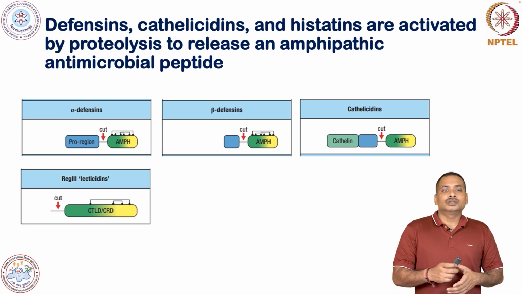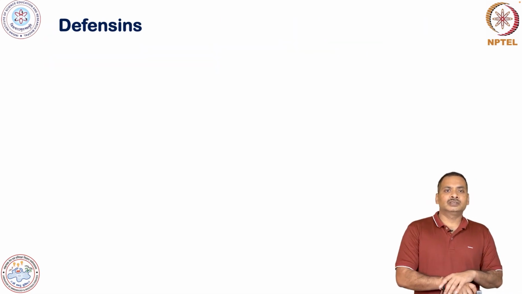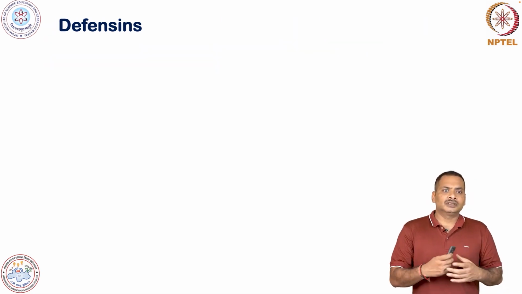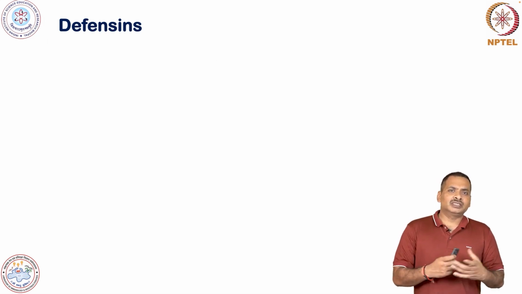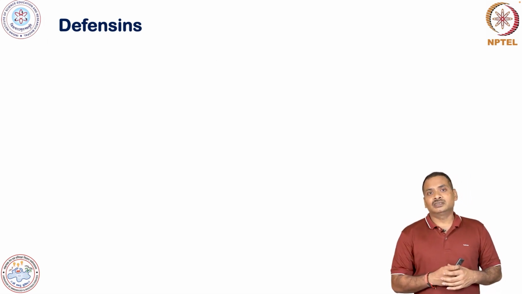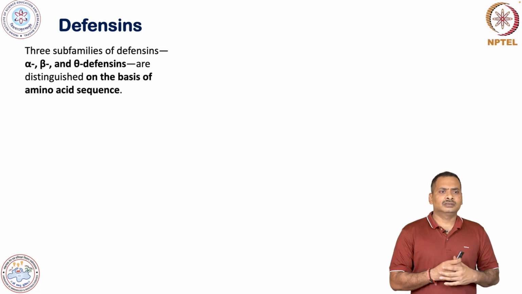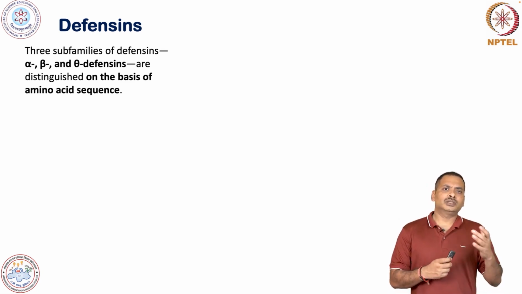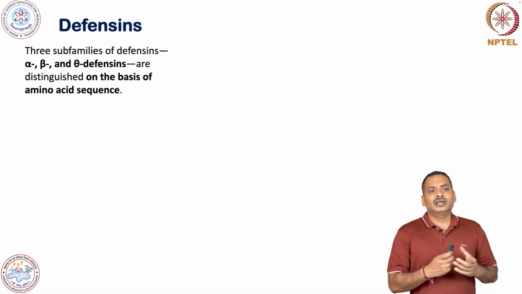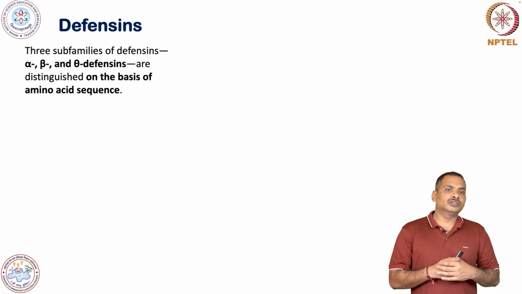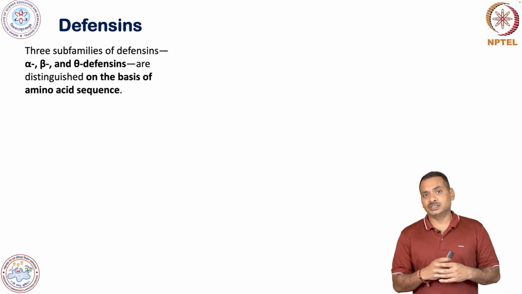Here you can see this mechanism, which I will show. But before that, I just want to say that defensin has three subfamilies, that is alpha, beta, and theta defensin, and these are distinguished based on amino acid sequence.